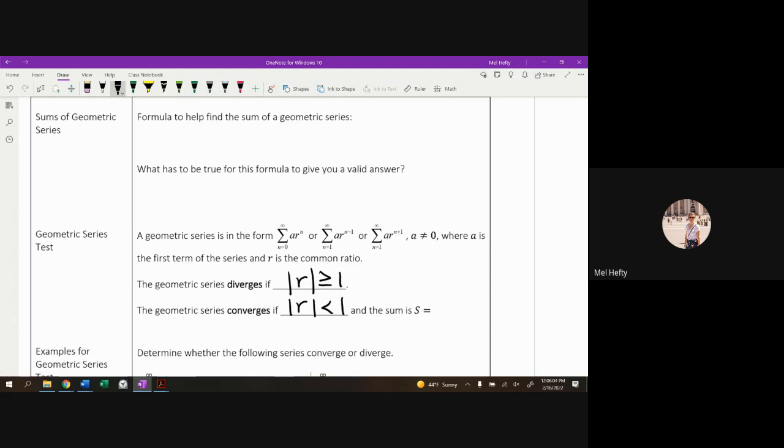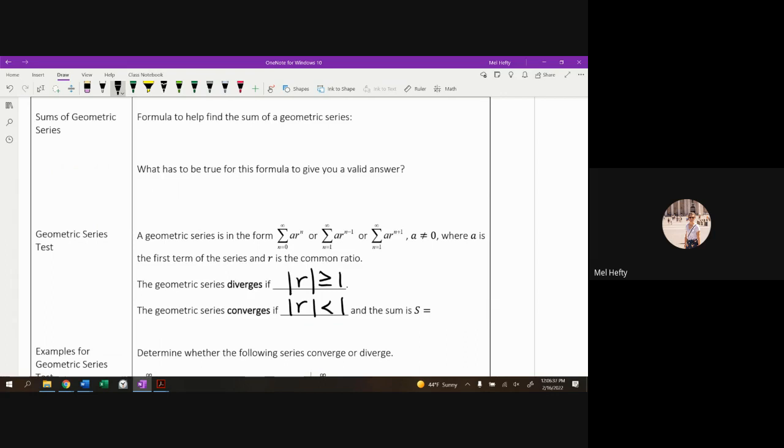What that's going to do is make the terms smaller every time. Which is good. We want those terms to get smaller as they go, because if I made it to infinity, I'd want to be adding nothing. So I need my terms to get closer and closer to 0. Now let's talk about the equals to 1. What would the ratio being equal to 1 do to our terms? Let's say our first term was 1 and my ratio was 1.